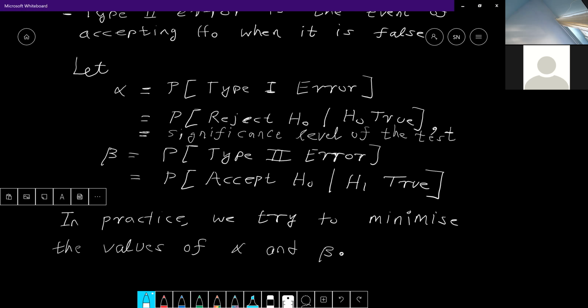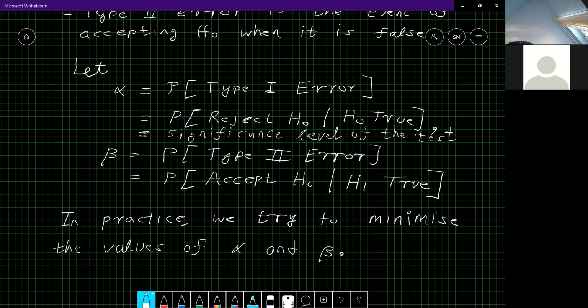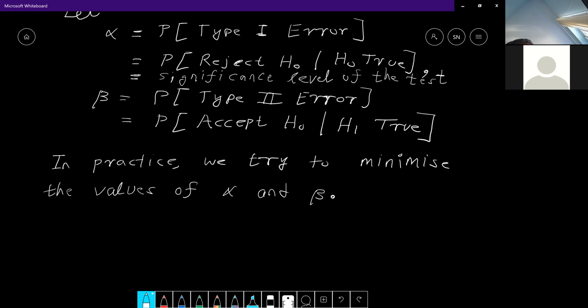But here, in testing hypotheses, I don't expect you to know how to derive. When you go into year 2, you will take a course called statistical methods, and in that course, you will learn how to derive tests.